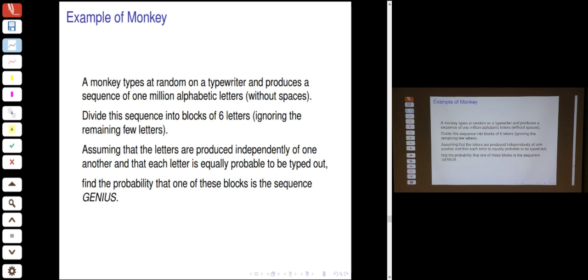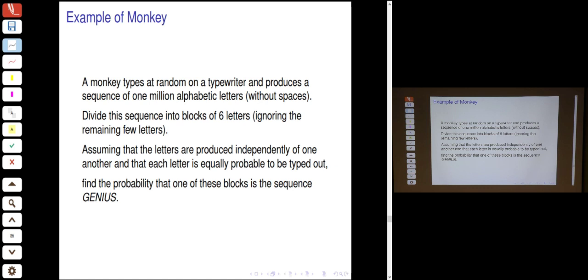The monkey types 1 million letters, and you want to find the chance of him typing the word genius. But we only count in a fixed way. We cut 6 letters. We don't shift.